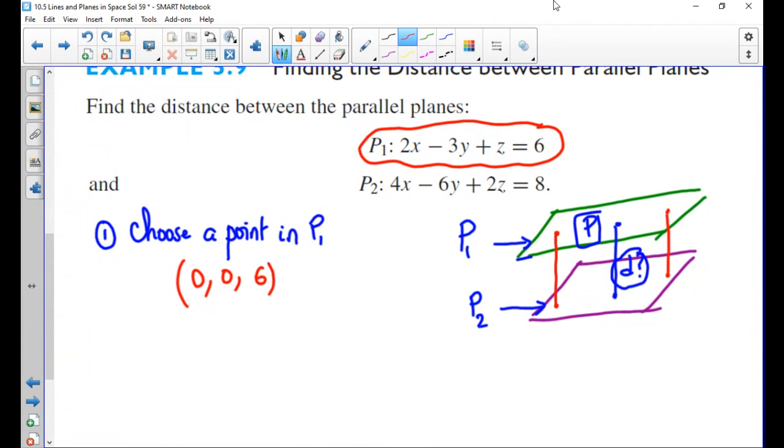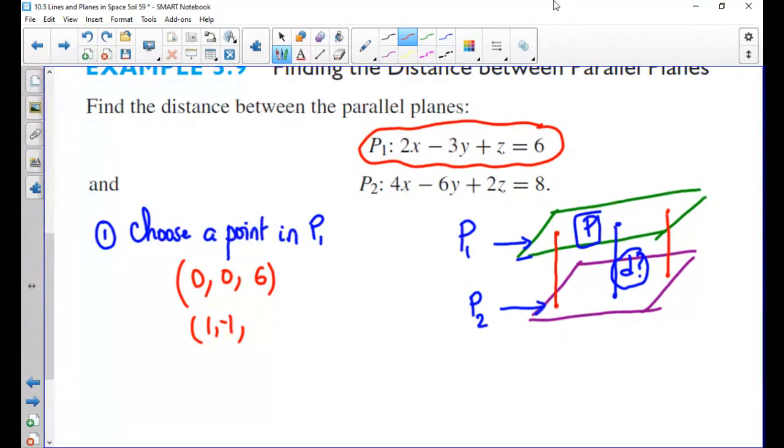Can you check that it's actually on the plane? Substitute, you will get 6. Suppose I take x equal 1, y equal 1, or even 1 and minus 1. What do you think the z will be? 1, exactly 1.